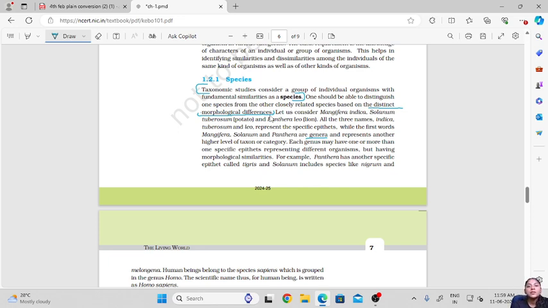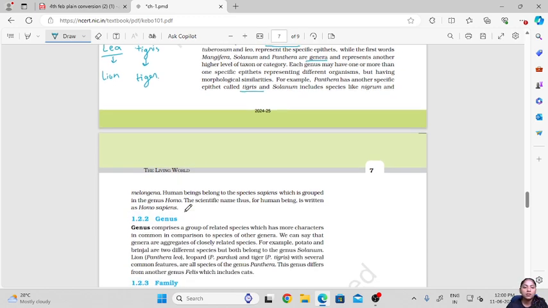For example, here we have the genus Panthera. This genus has more than one specific epithet, which means under this genus there is more than one species. For example, we have leo, meaning lion. Then another specific epithet that we have is tigris, that is a tiger.